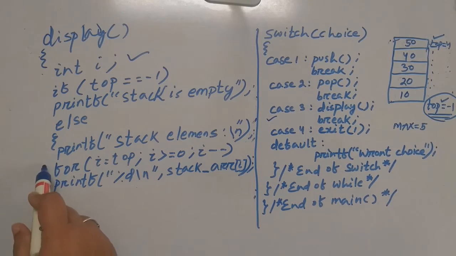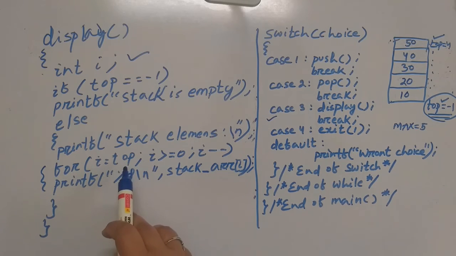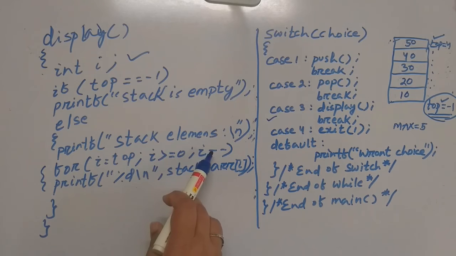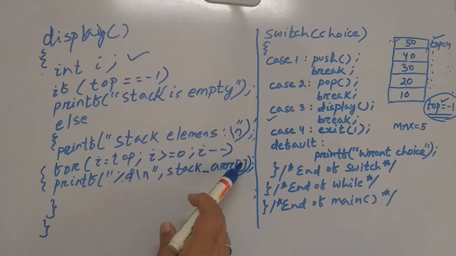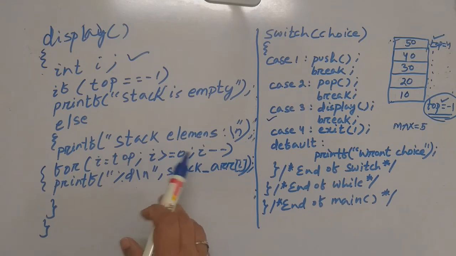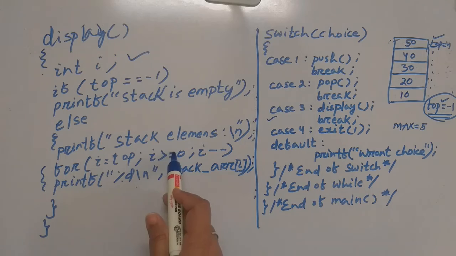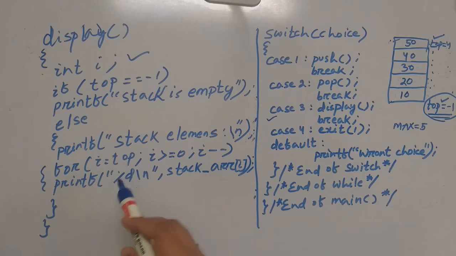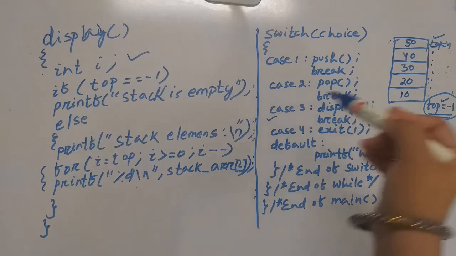It is a for loop, so it executes from top, then I minus minus, so I is decremented by 1. The next value is 3, then 2, then 1. Whenever it equals 0, this condition is not satisfied.